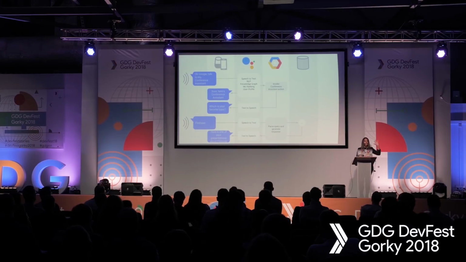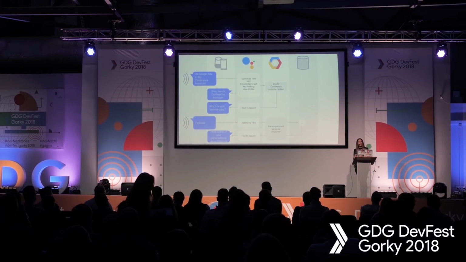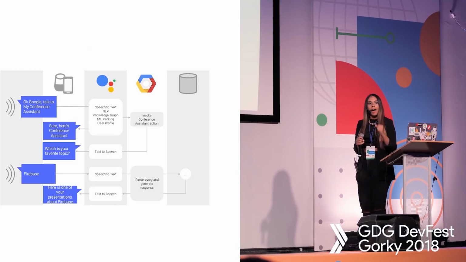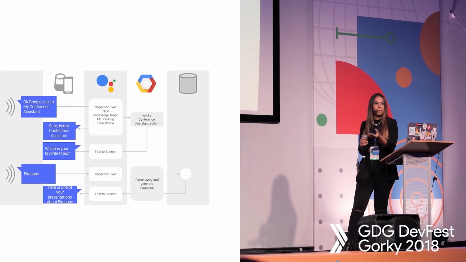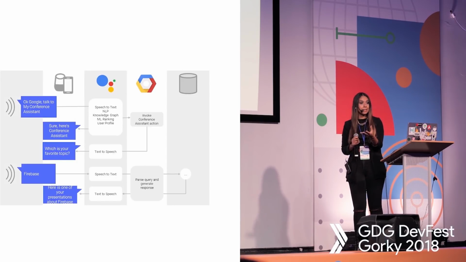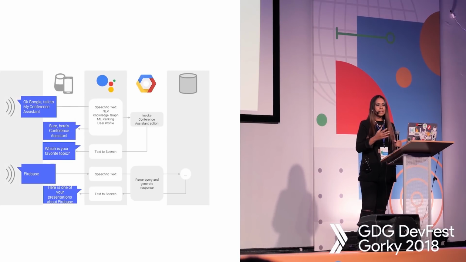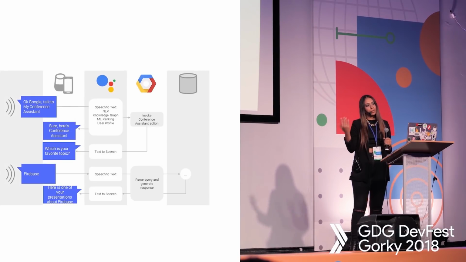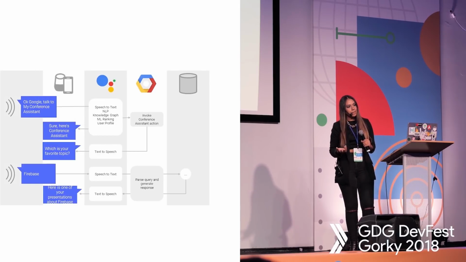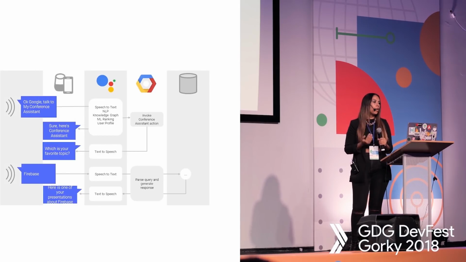And with that action, our device is going to call Actions on Google, and it will already know, okay, I'm going to trigger your personal conference assistant, and I will create actions. So if you've been working with Google Assistant, you can use it not only with voice, you can also use it as a chatbot.